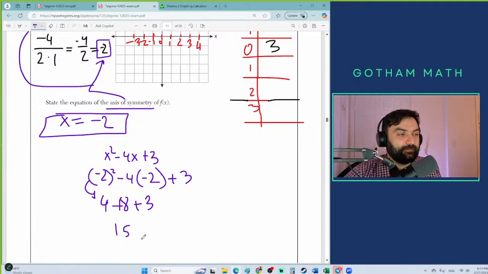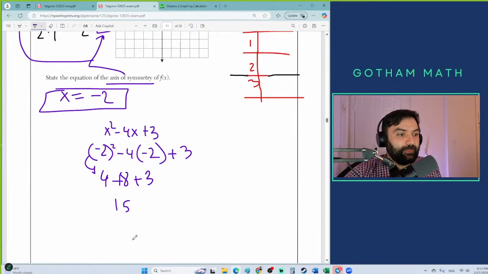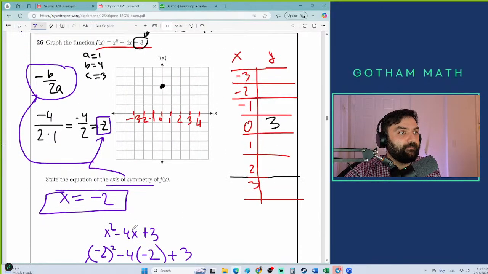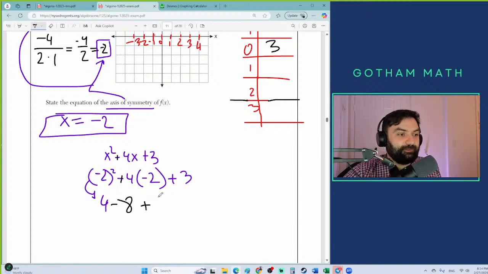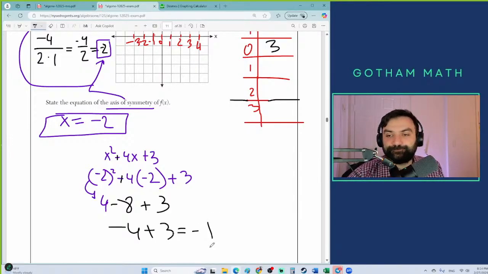All right. Now, oh, it's going to be -8 plus 3, which is -4 plus 3, which is -1. Well, look at this, guys. Believe me, I could have done this perfectly if I would pre-solve everything and know what's where and where the vertex is.